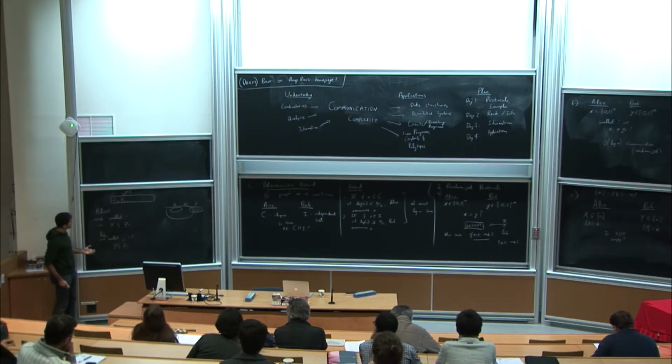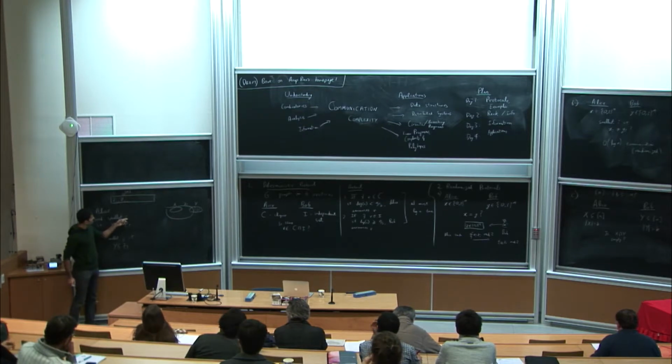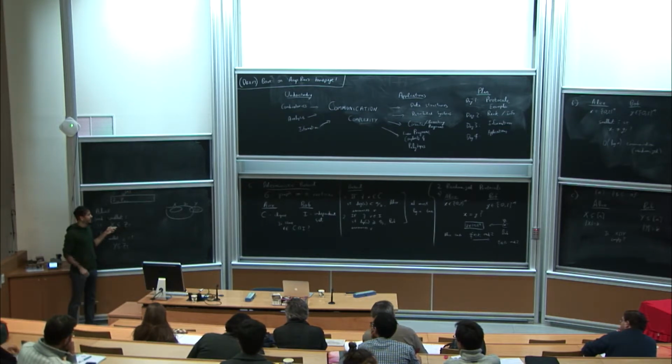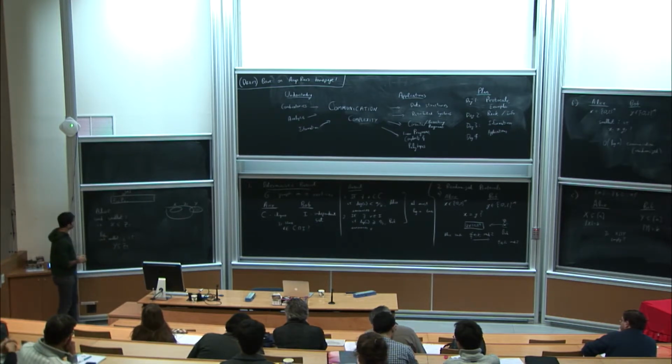What you can show is that the expected value of I will be roughly 2 to the k, because the probability that a random set includes x is exactly 2 to the k. So in expectation, you have to wait 2 to the k steps before you find this I. So it takes k bits to specify I. Okay.